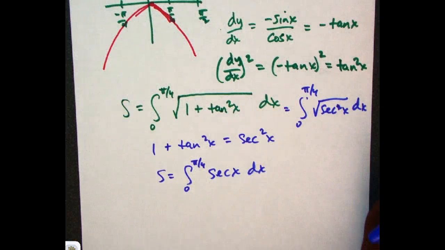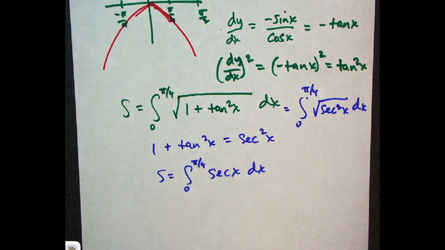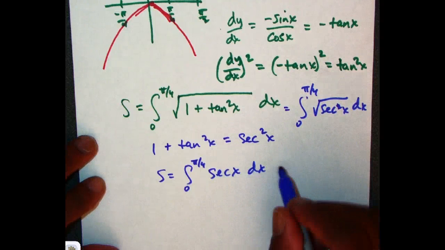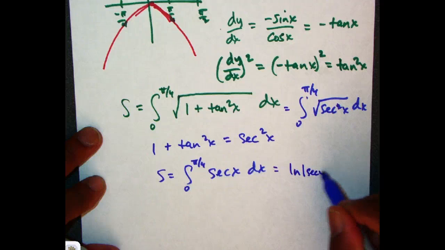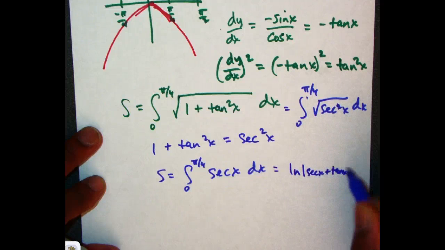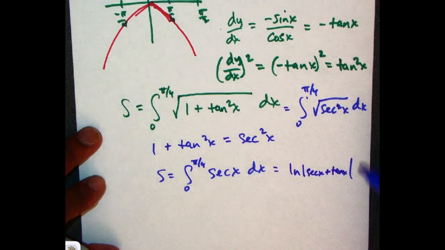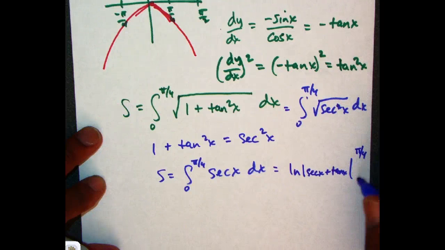And the integral of secant of x, this is one of the 34 that you guys were asked to memorize. The integral of secant x is natural log absolute value of secant x plus tan x, and we're going to evaluate that at pi over 4 and 0.